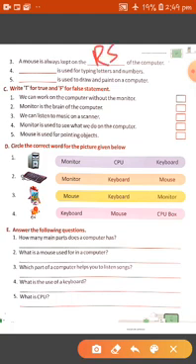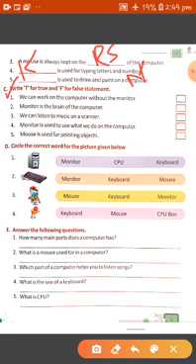Keyboard is used for typing letters and numbers. Mouse is used to draw and paint on a computer.